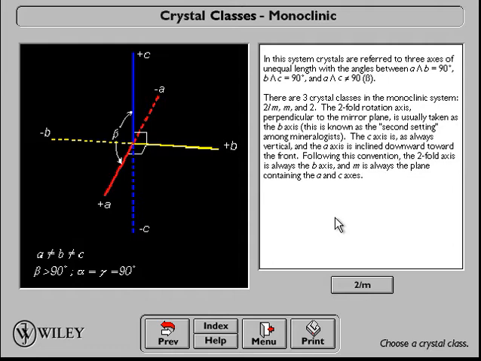The c-axis is always vertical and the a-axis is inclined downwards toward the front. Following the convention, the two-fold axis is always the b-axis. And M is always the plane containing the A and the C axis.